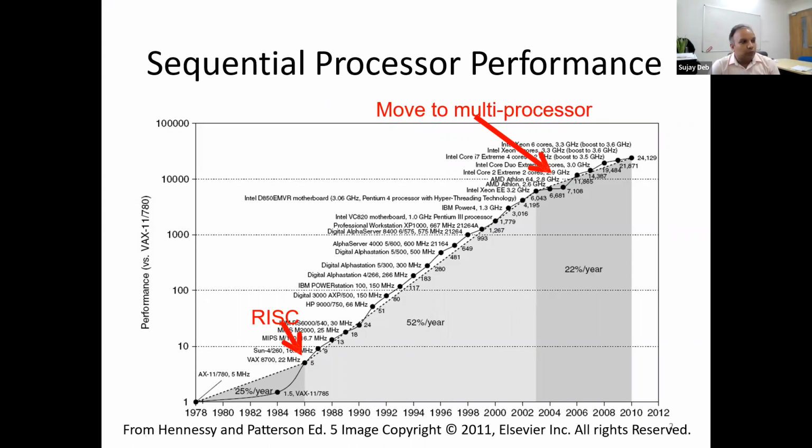And there are two very important events in that evolution which we highlighted. One was the introduction of reduced instruction set computing, and the next big thing that happened in this architectural domain was the introduction of the multi-core processor. We are in the era where most of the processors are multi-core, and we are getting better performance because of this.